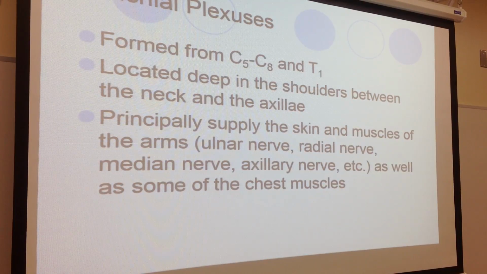All right? Now, those are going to give rise to nerves that come down into the arm. So like the radial nerve and the ulnar nerve and so on.